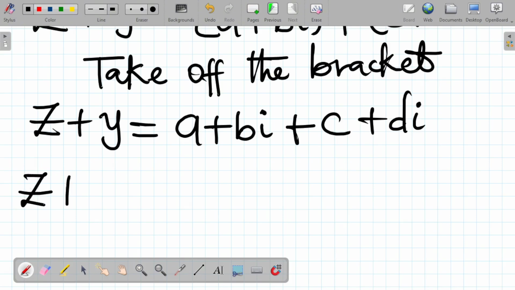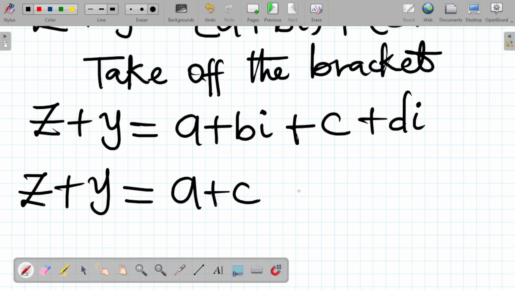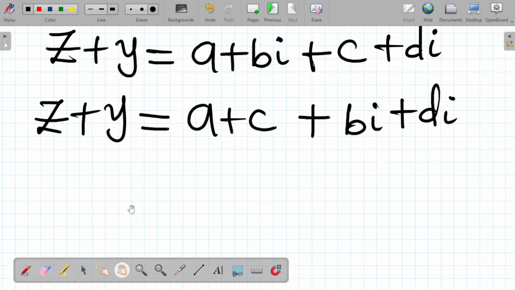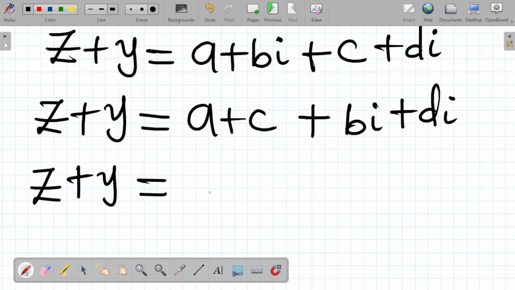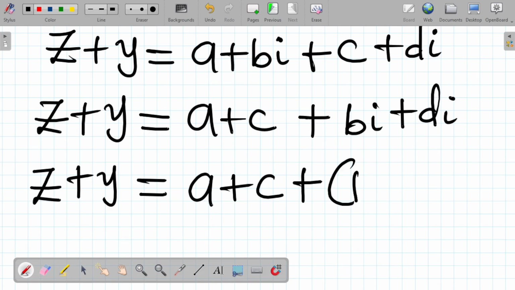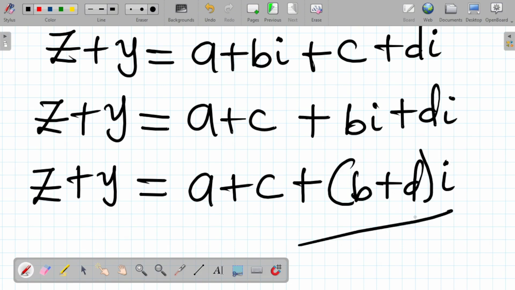So z plus y is equal to, the real part here is a and c, so we have a plus c, and then plus the imaginary part here is bi and di, so we have bi plus di. So z plus y is equal to (a plus c) plus (b plus d) multiplied by i. So this is our final answer.